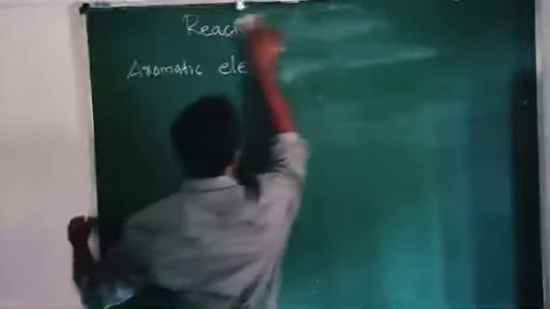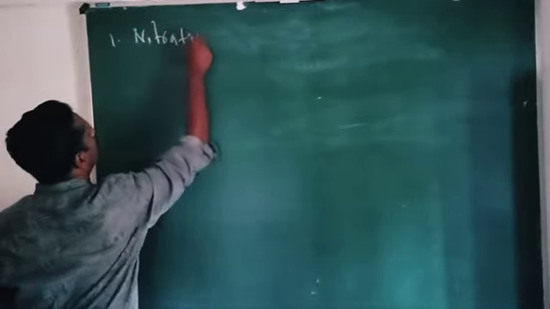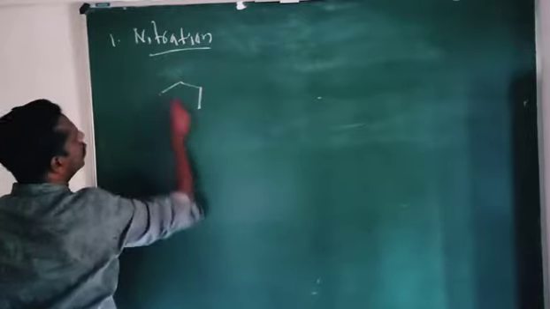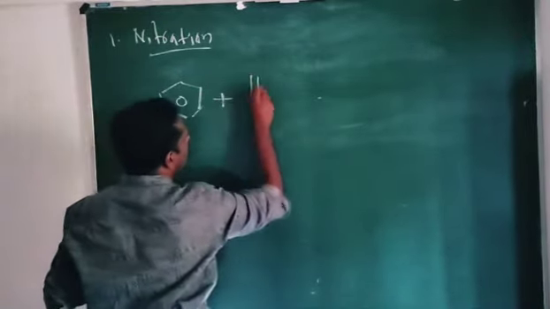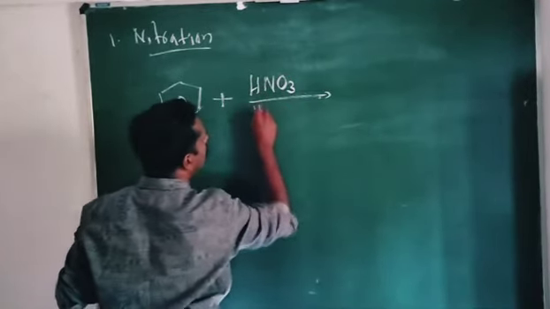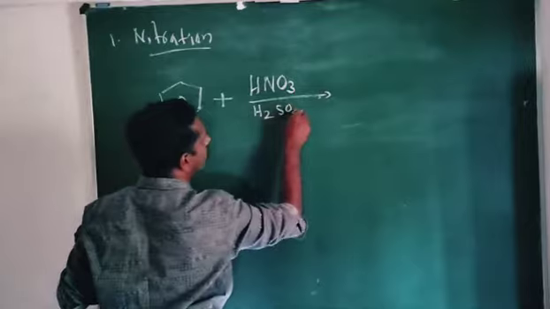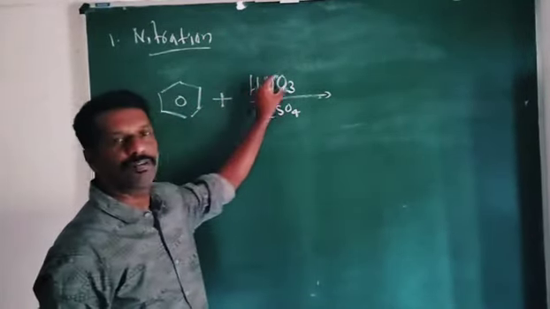First one is nitration. When benzene is treated with concentrated nitric acid, HNO3, in the presence of concentrated H2SO4, this is what is called the nitrating mixture.